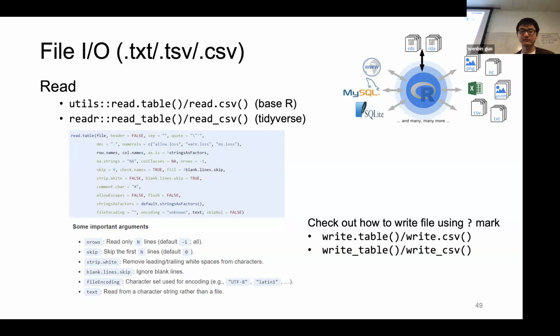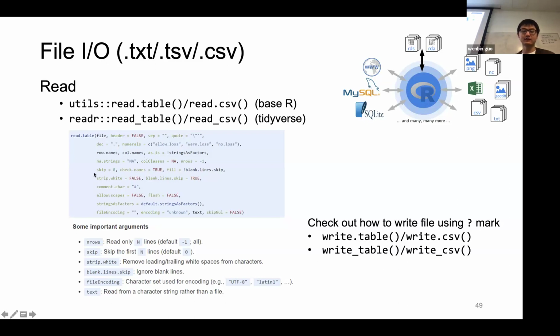And you can also specify other things like row names, whether you want to convert a certain column as row names, and column names, whether you want to convert a certain row as column names. So when you read the data, you have those options to really make your data a tidy version.